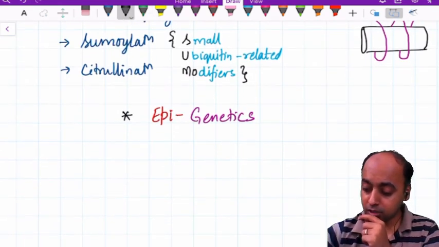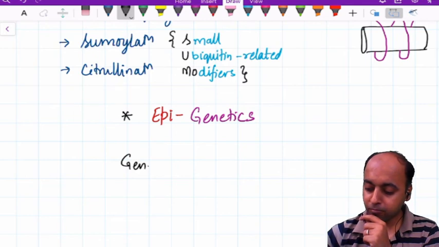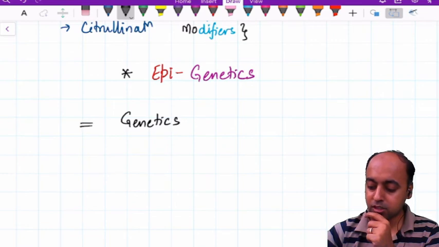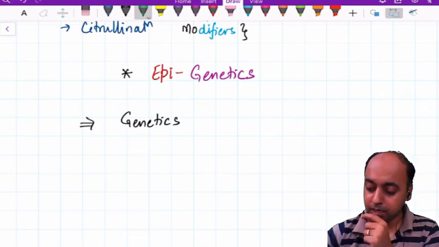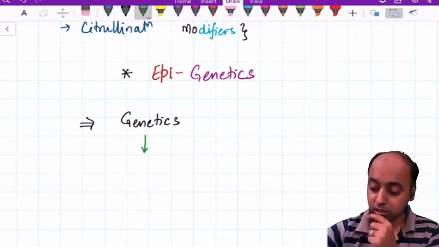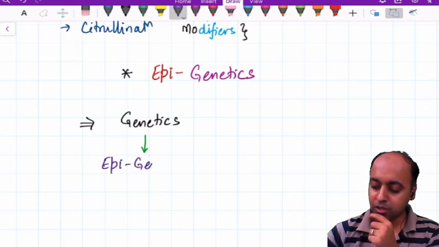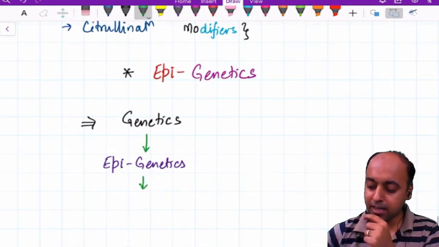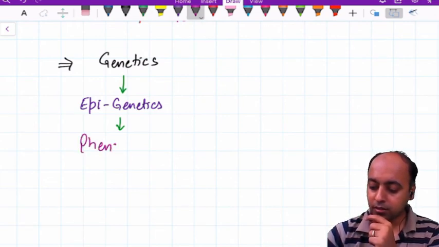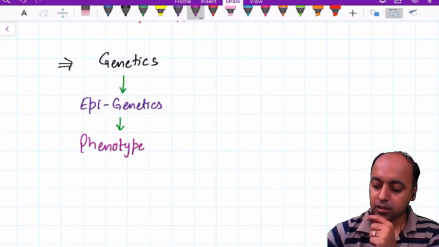We have the genes, the sequence of nucleotides, right? We have these genes, the sequence of nucleotides, but their transcription to some extent is being regulated by epigenetics. Only when the transcription is completed, and depending on at what rate the transcription is completed, we'll see the final expression, that is the phenotype.